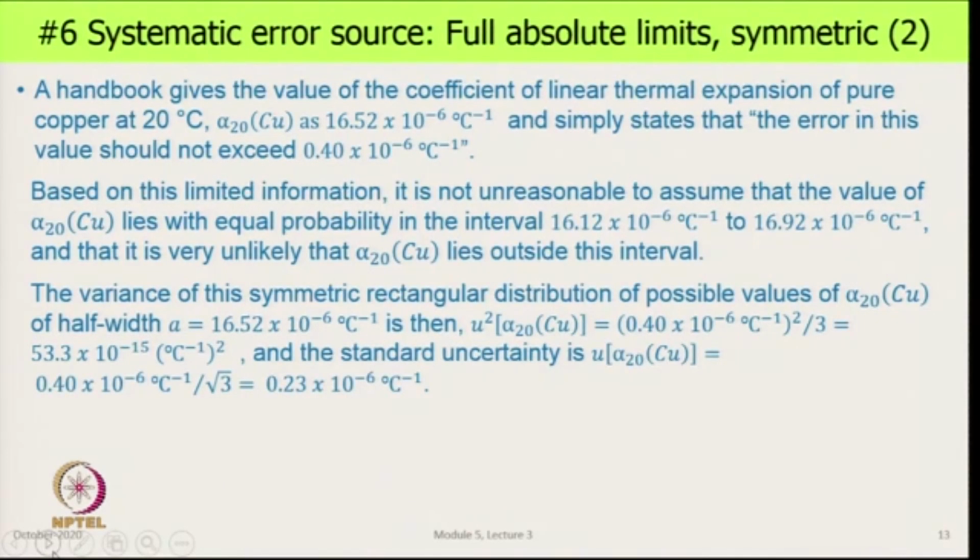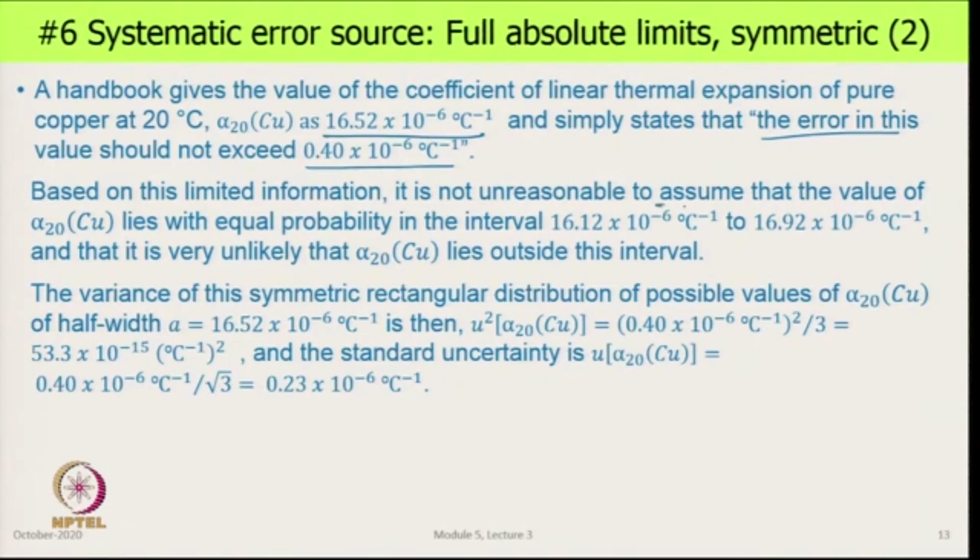So, here is an example of that. The handbook gives the value of the coefficient of linear thermal expansion of pure copper at 20 degrees C as this much, and simply states that the error in this value should not exceed this much, which means that nothing lies outside these limits.